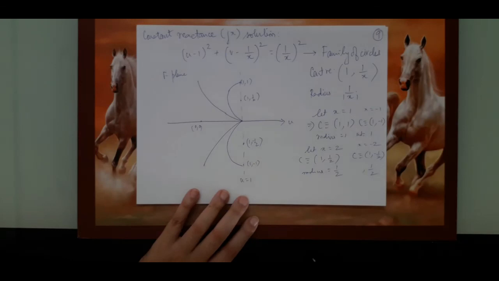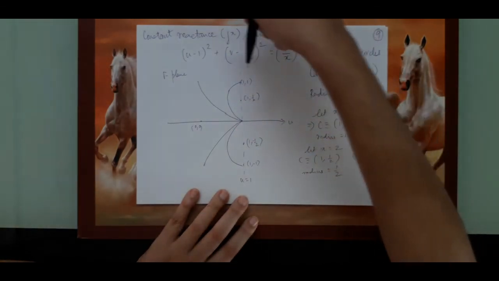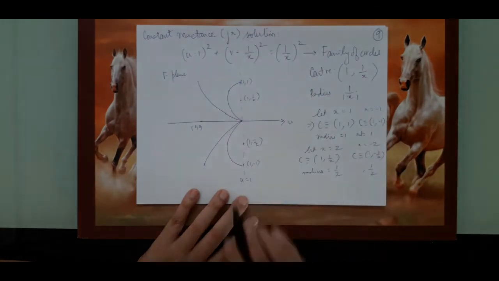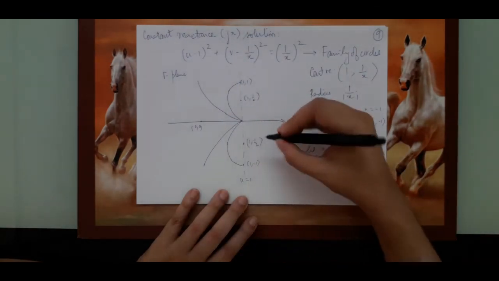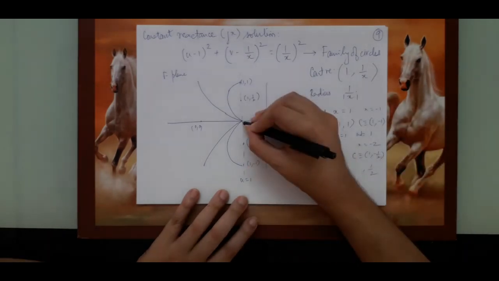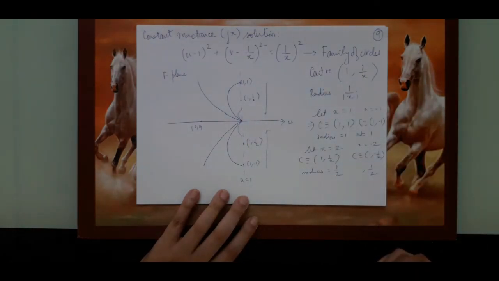So as the mod of x increases, the centers keep shifting downwards for inductances and upwards for capacitances. So the circles keep getting smaller and smaller, something of this kind.